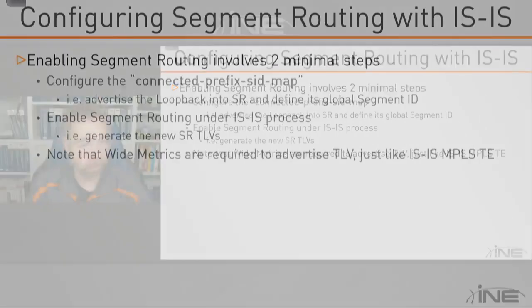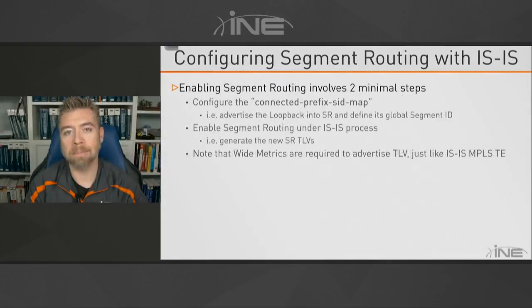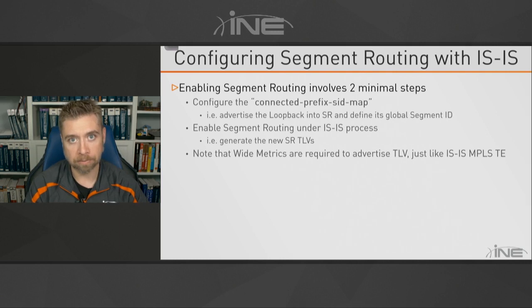Second, we need to go under the ISIS process and turn segment routing on. Since ISIS is using type length values to encode the segment routing information, just like MPLS traffic engineering, you also need to enable wide metrics under the ISIS process. This is part of the adjacency negotiation.